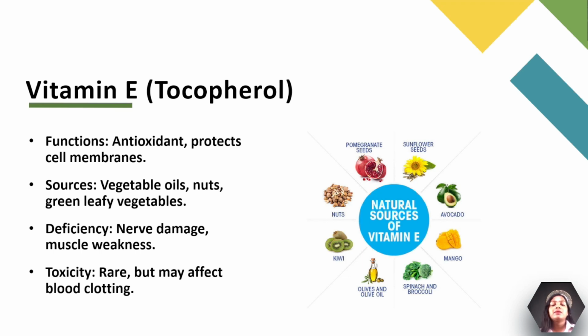It plays the role of an antioxidant, meaning it balances the free radicals in our body, plus it protects the cell membrane. For sources, we can focus more on vegetable oils, nuts, and green leafy vegetables. Deficiency can lead to nerve damage and muscle weakness in the body. Toxicity is rare, but it can affect blood clotting.